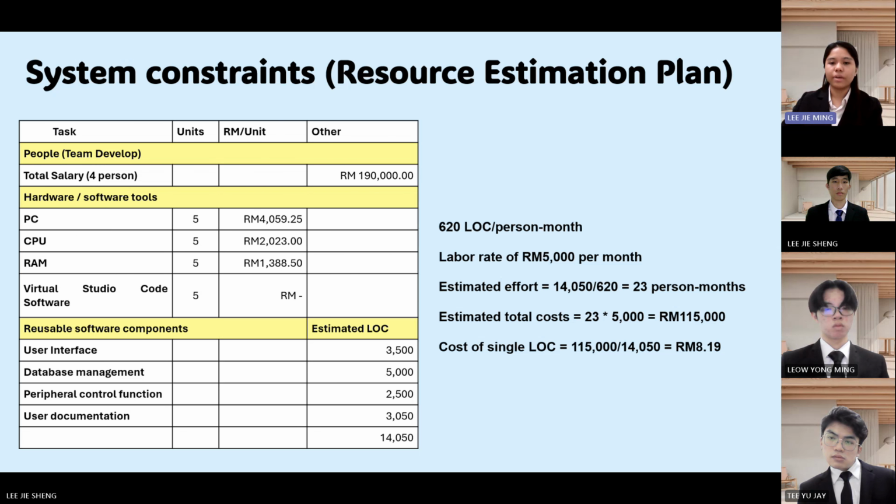So the estimated effort will be 14,050 divided by 620, which equals 23 months. For the estimated total cost, it is 23 times the 5,000 labor rate, which equals 150,000 ringgit Malaysia. The cost of a single LOC is equal to 150,000 divided by 14,050, which gives the answer of 8 ringgit 19 cents Malaysia.